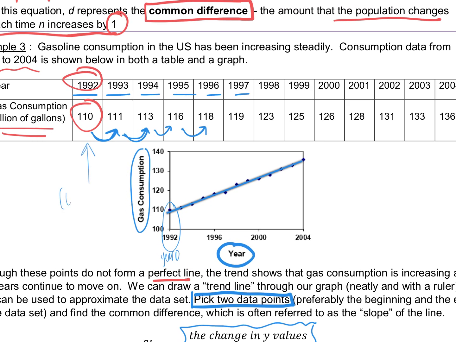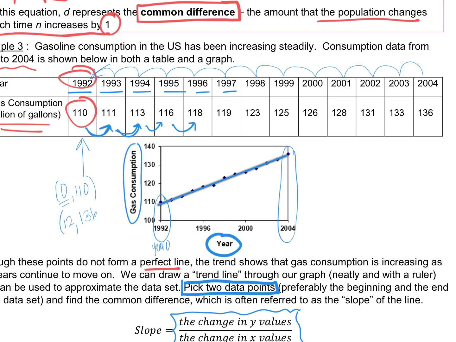Then if I pick something near the end of my data set, like 2004, if year 0 was 1992, how many years to 2004? So we're like 1 year, 2 year, 3 year, 4 year, 5, 7, 8, 9, 10, 11, 12. So by the 12th year, I'm at 136. Zoom out just a little bit.